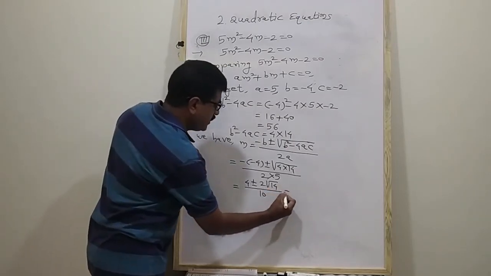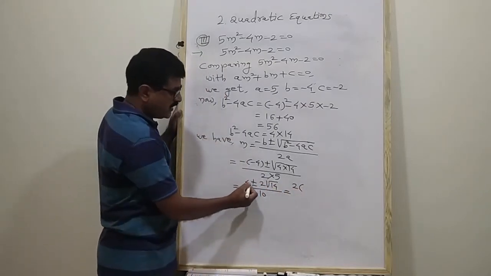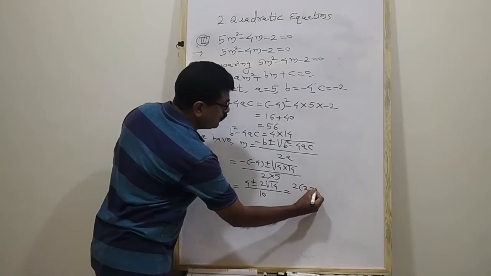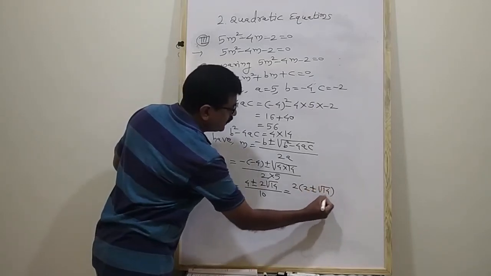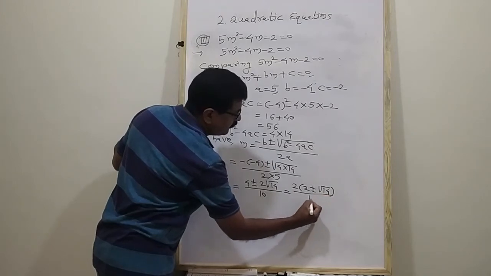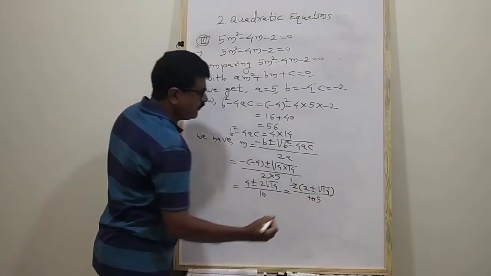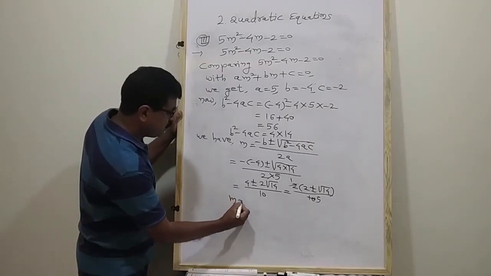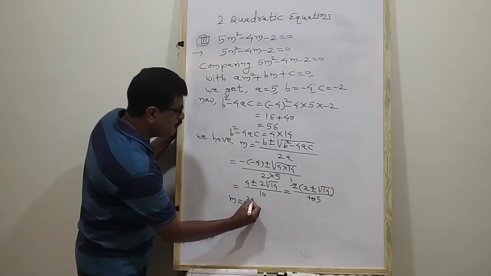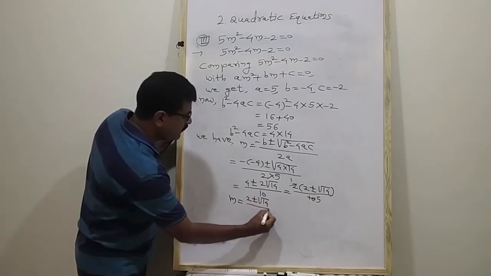Now here taking 2 common from numerator, into bracket 2 plus or minus square root 14 divided by 10. Here dividing by 2, 5. Therefore m is equal to 2 plus or minus square root 14 divided by 5.